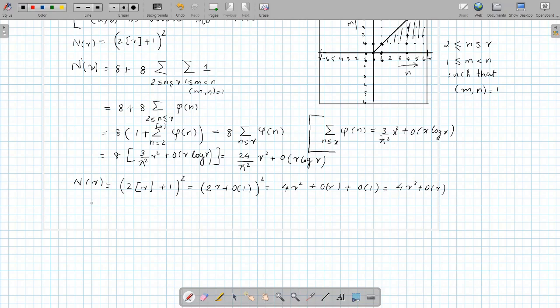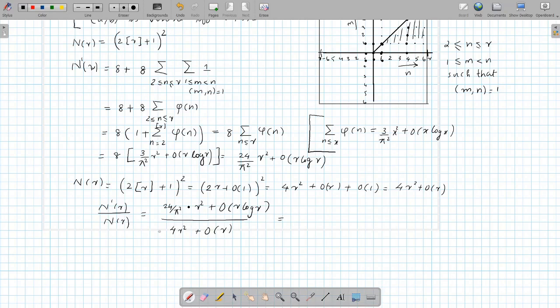Then we divide. What is n prime of r divided by n of r? N prime of r divided by n of r is equal to 24 divided by pi square times r square plus O of r log r, divided by 4 r square plus O of r.